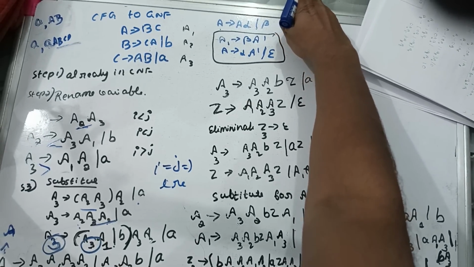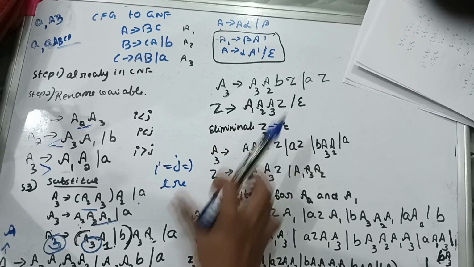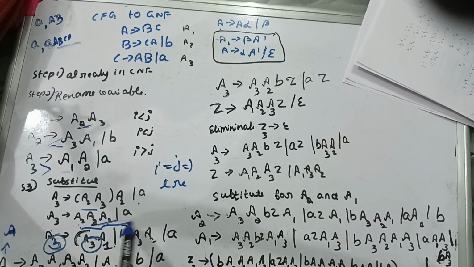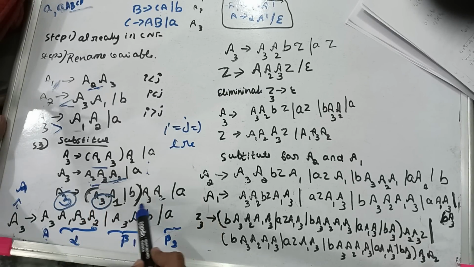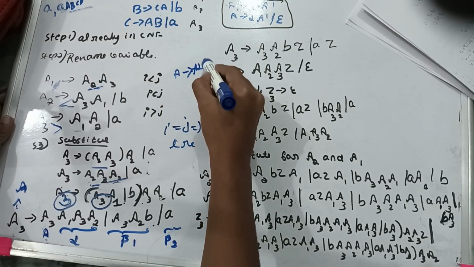A gives A alpha or beta, so consider this is A. Before that, solve this bracket, then we will get A3 A1 A3 A2, and again multiplying A3 A2 inside the B, so A3 A2 B after A. The condition for left recursion is A gives A alpha or beta.